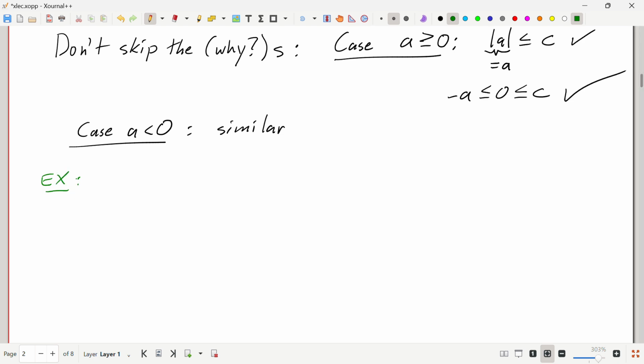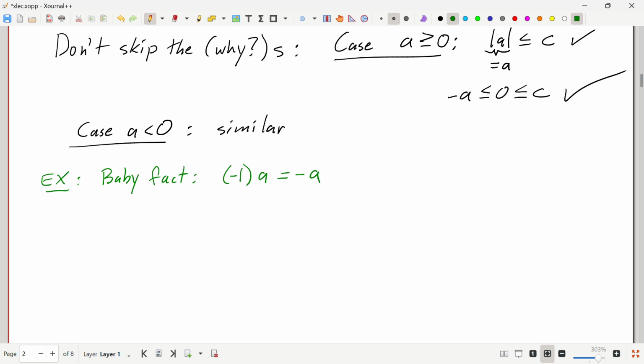Let's see. A baby fact from last time that kind of feels like it should have been an axiom is that minus 1 times a real number is equal to the additive inverse. I didn't write any proofs of facts like that because I wanted you to experience them.